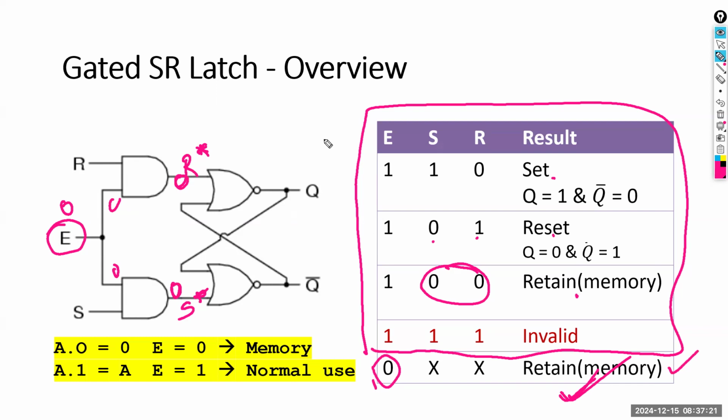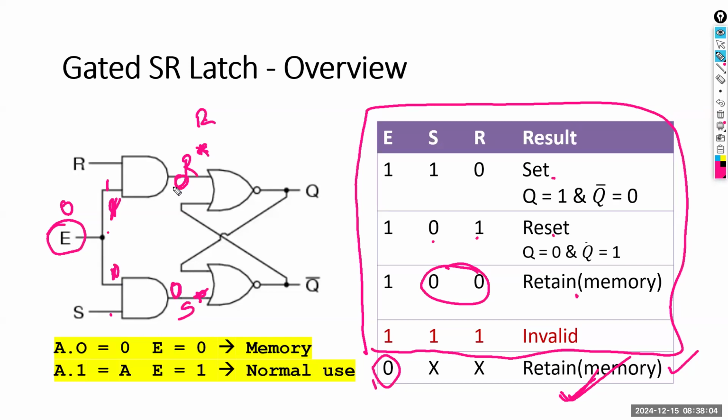Okay. So then when enable is 1, how does this behave in the good old way? That is also self-explanatory. When enable is 1, R dot 1 is R. Remember, A dot 1 is A. When enable is 1, S dot 1 is S. So therefore, when enable is 1, this R is this R, and this S is this S. So obviously, it must behave in the old way, because the input is not changed; you are getting the same input.